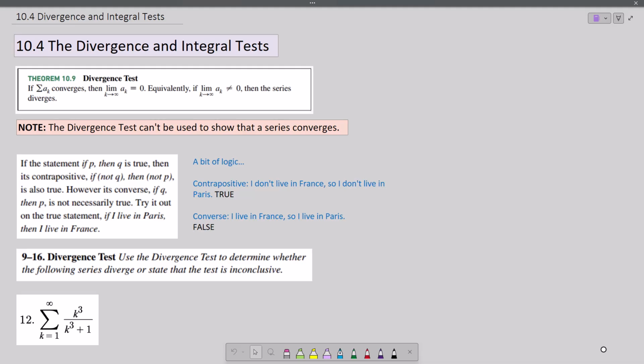It says, if the infinite series converges, the limit of a sub k has to be 0. So this is saying that the only way a series can converge is if the terms that you're adding together get infinitesimally small. All right? It's the only way.